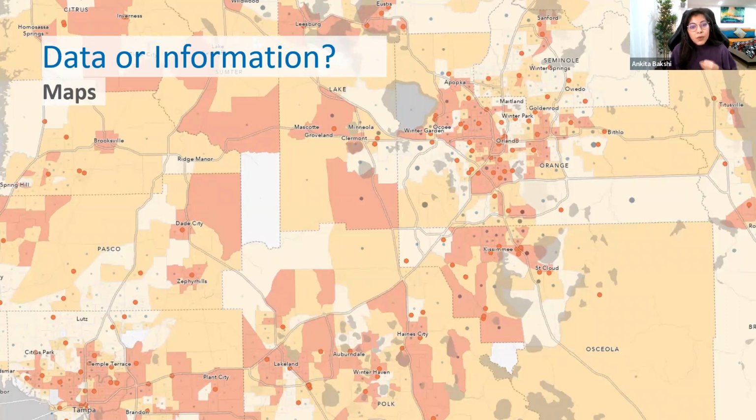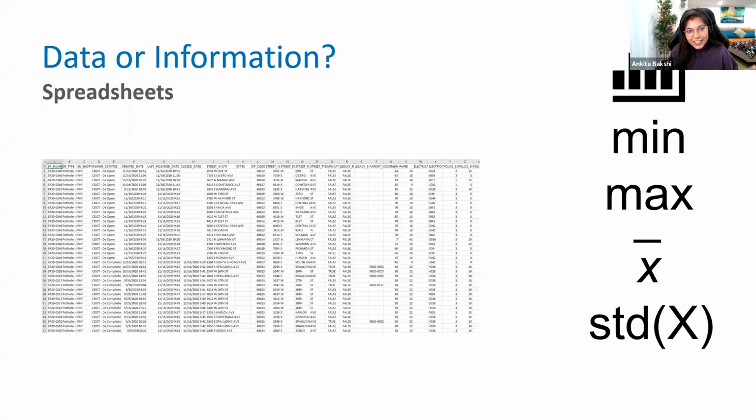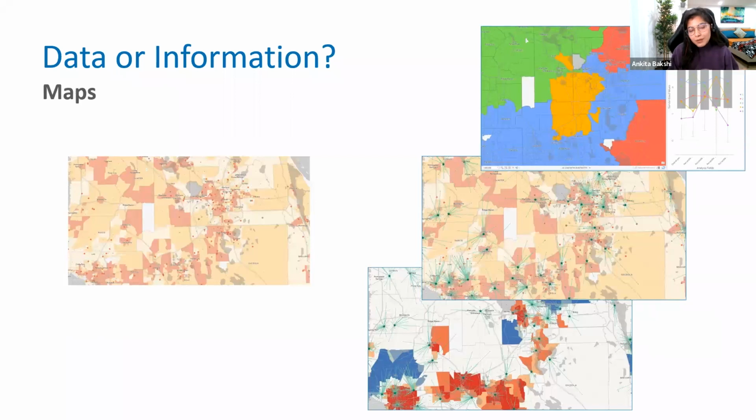So here's where spatial statistics can help you. It can help you take that data and make that decision. In that spreadsheet that I showed you earlier, the easiest thing to start understanding the information from that data would be to compute the min, max, standard deviation, mean, average, so that you can start getting that information. And spatial statistics is very much analogous to that, where you start quantifying the things that you are seeing on the map.